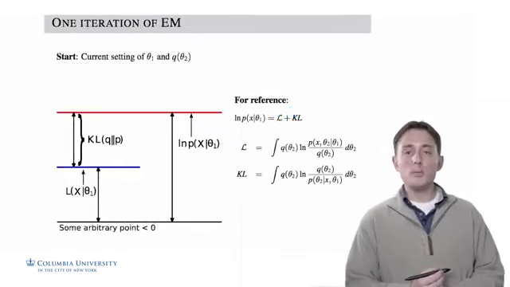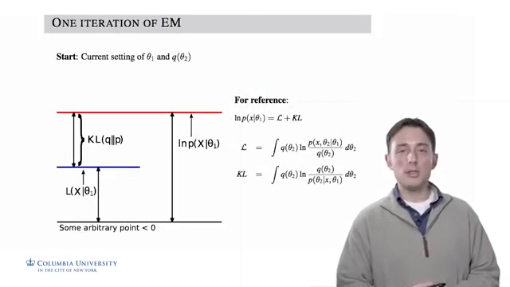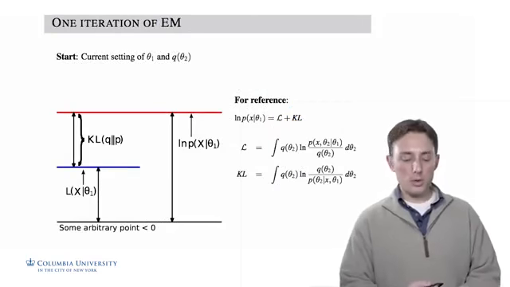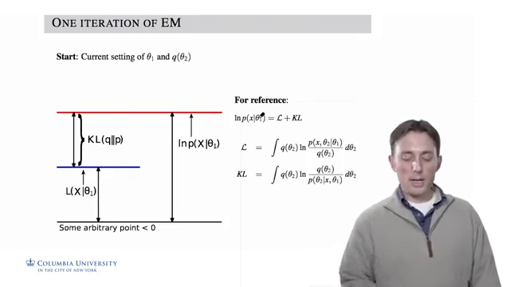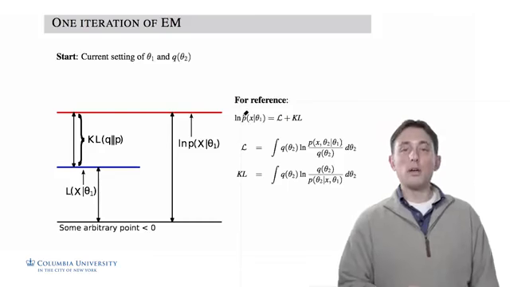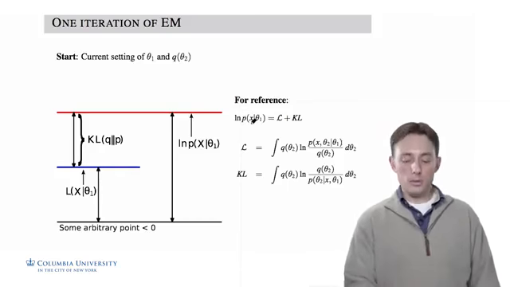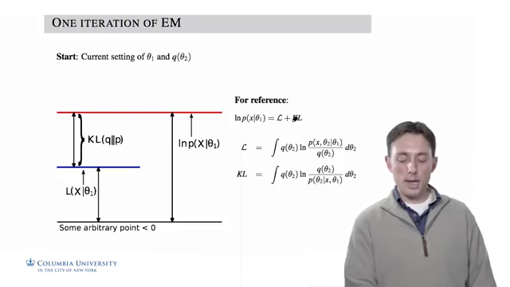It might help to look at a visual representation of this to help develop some more intuition about what's going on here. Here on the right-hand side, just for reference, I've shown the log of the likelihood of x given theta 1 that we want to maximize is equal to the L plus KL, where L is this term, KL is this term.